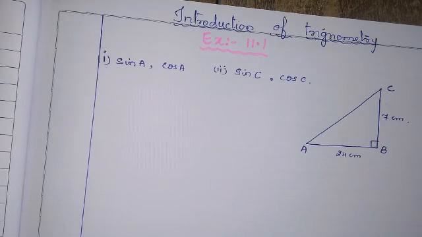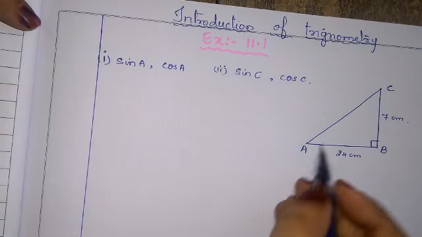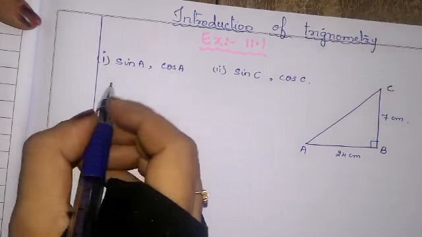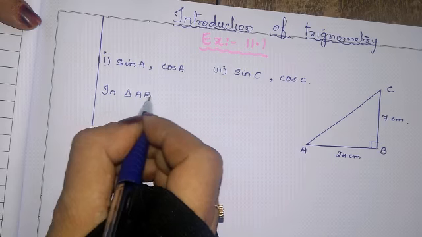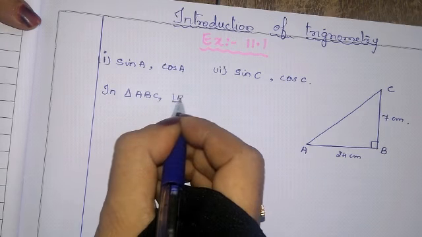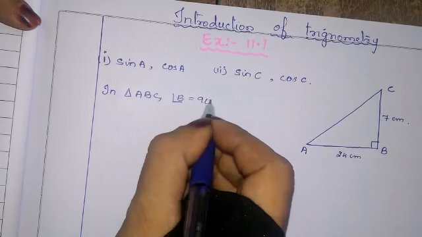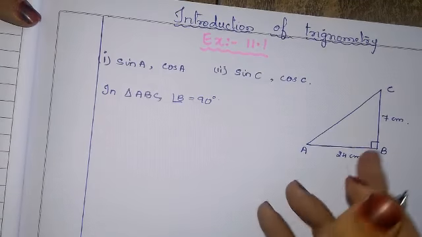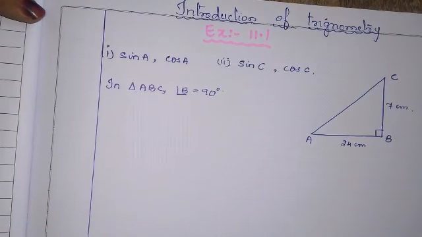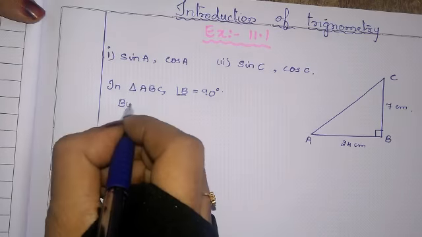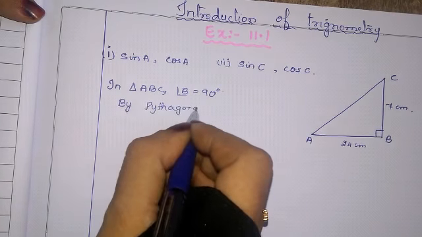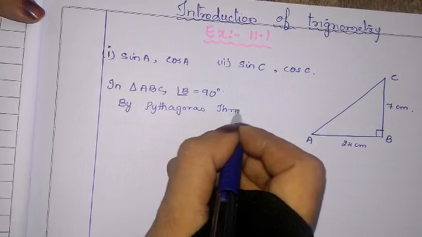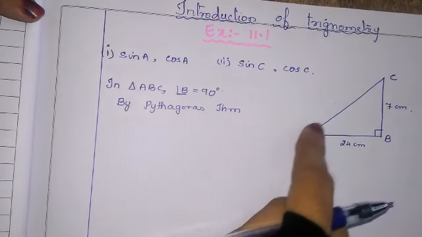Okay, let us see how to find it now. We can see ABC is a right angle triangle. In triangle ABC, angle B is right angle, that is 90 degrees. We can apply the Pythagoras theorem here to find the side AC.